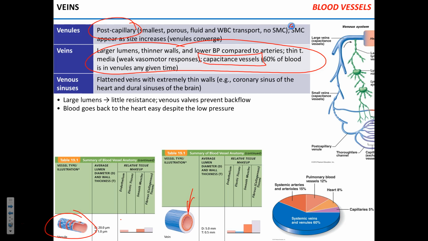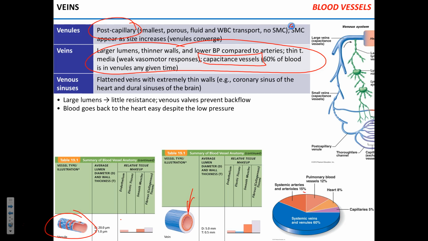So blood, if you think about it, flows through the systemic circuit all the time. It moves, it never stands, never calm. But it is not equally distributed between all blood vessels.